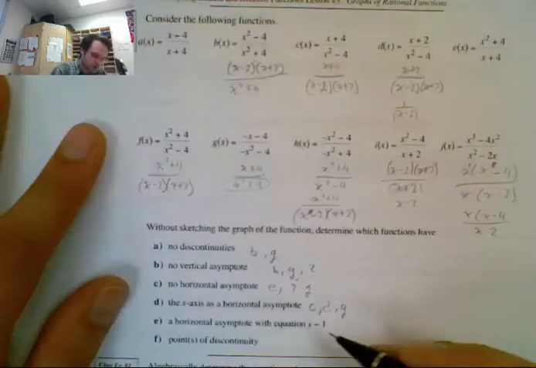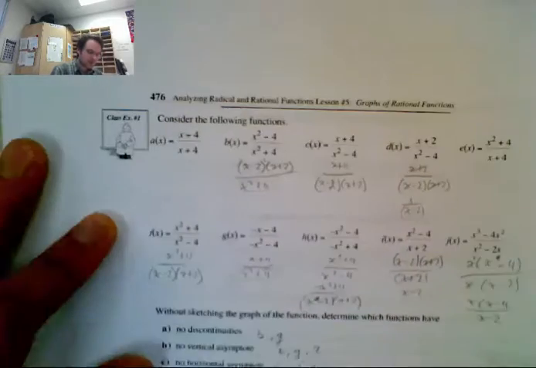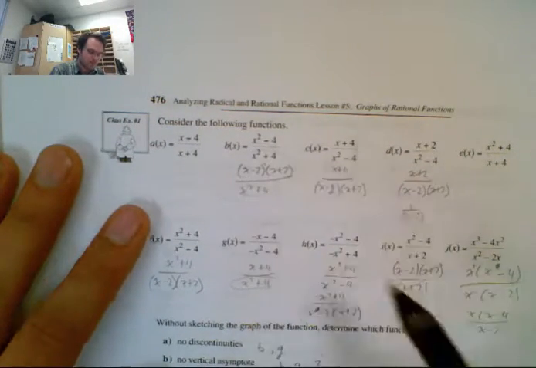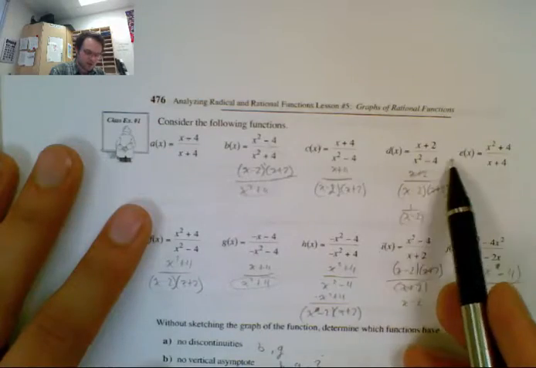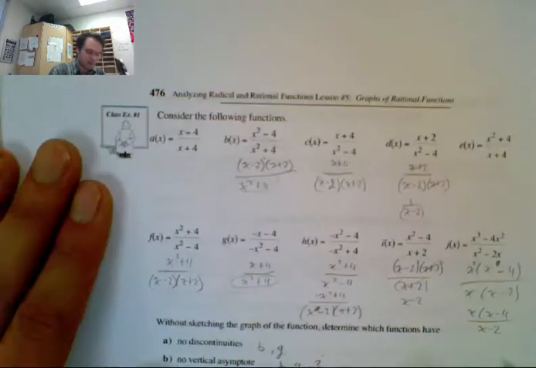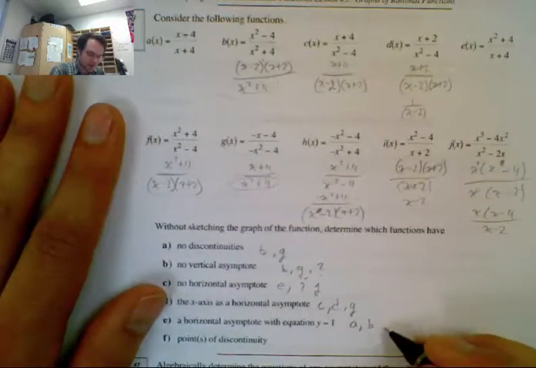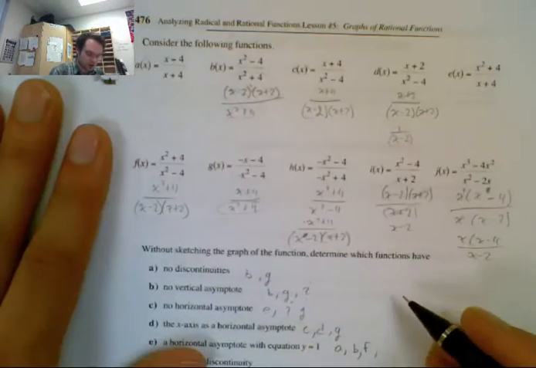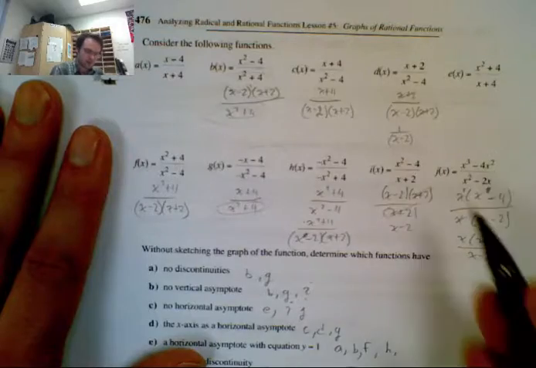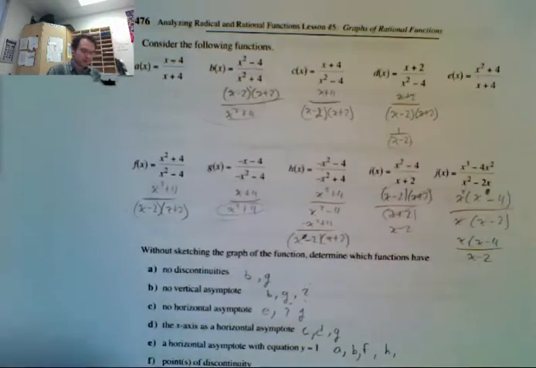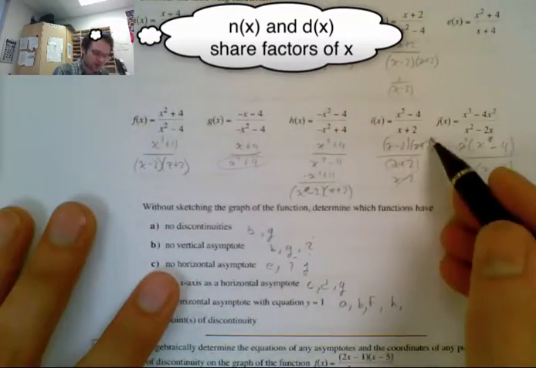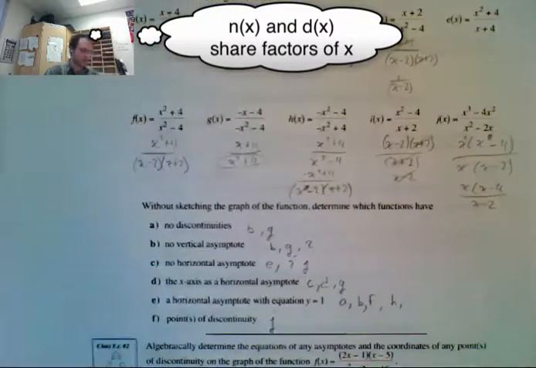So I'm going to put down A. And we have, let's take a look, A, B, F. And we have H. And that's it. Now, points of discontinuity, that's where we were able to divide, so that's only going to be I for points of discontinuity.